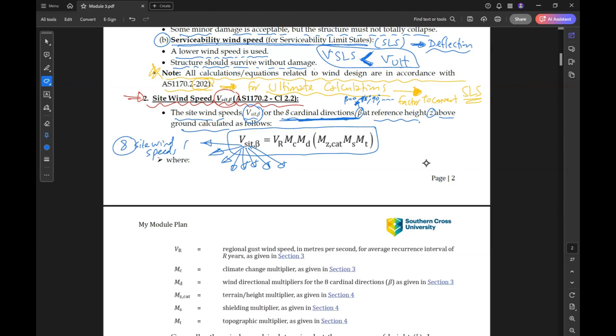So the 8 site wind speeds are for beta equal to 0, beta equal to 45, beta equal to 90, beta equal to 135, and 180, 225, and then 270, and then 315.